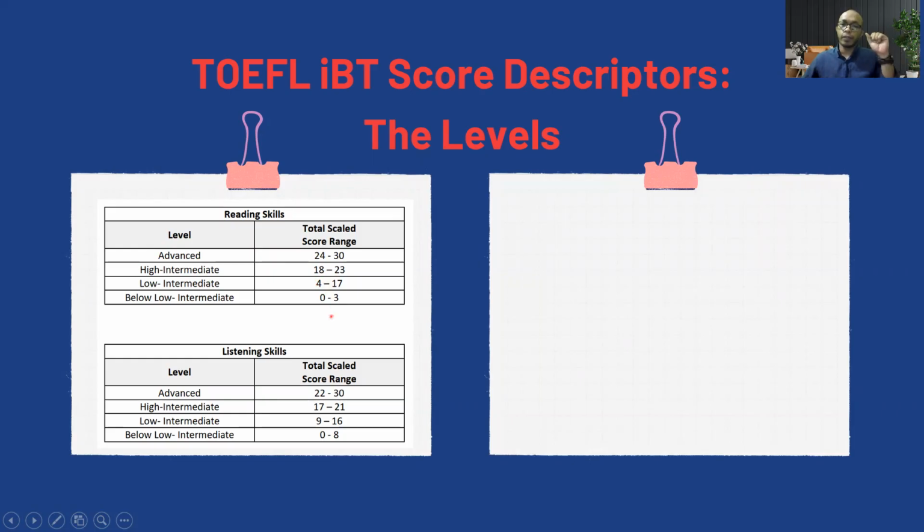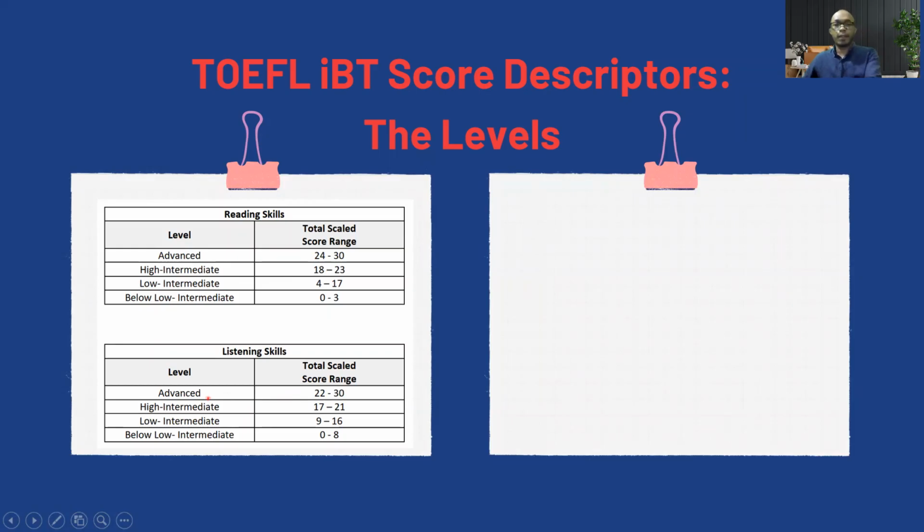If it falls in the range of between 4 to 17, then that means that your reading skill is in the low intermediate level. And same thing with the listening section. The descriptor shows that if your score is between 22 to 30, then you will be categorized in the advanced level.